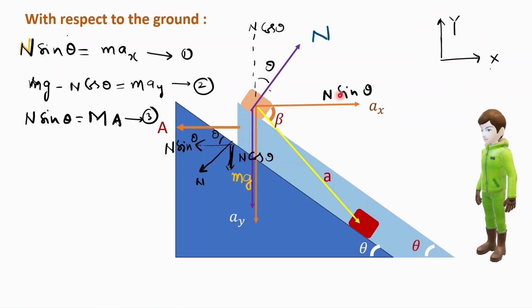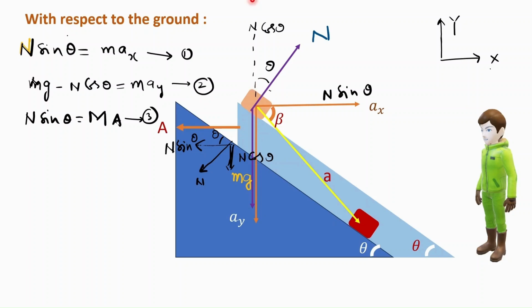We have to apply the forces along the horizontal and vertical direction. First I am writing for the block. In the horizontal direction, how much force is acting? N sin theta. Therefore n sin theta is equal to mass of this block small m times the acceleration produced in this block in the horizontal direction, that is ax. Therefore n sin theta is equal to max.